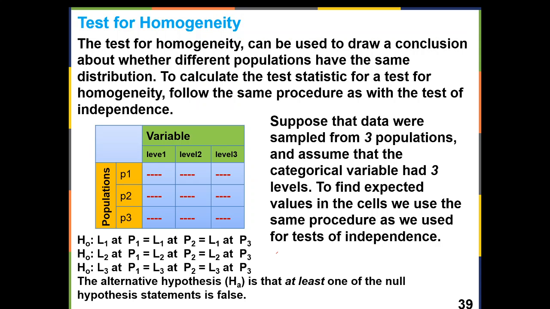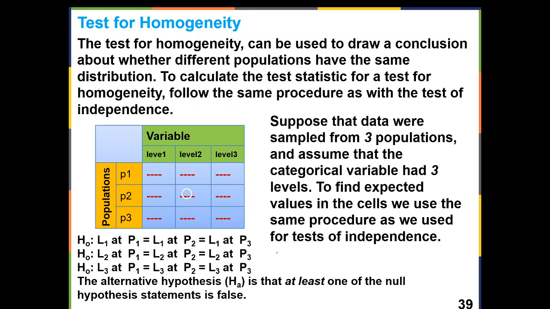Again, suppose here that data were sampled from three populations, and assume that the categorical variable had three levels, and we talked about that. To find the expected values in the cells, we use the same procedure as independence, right?